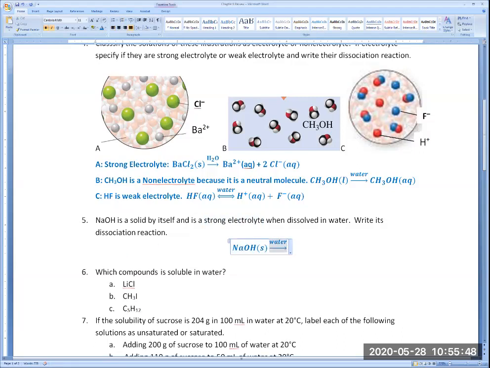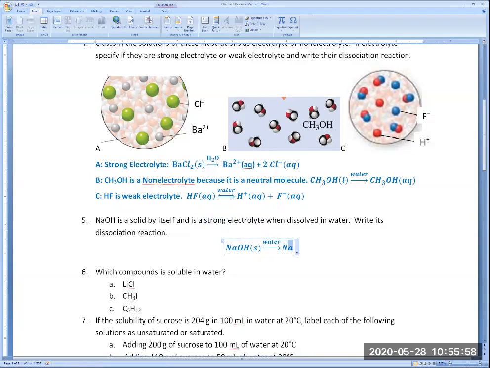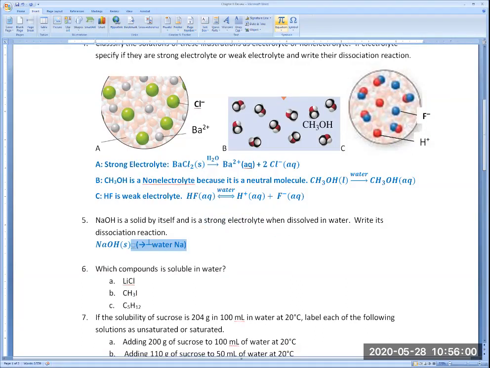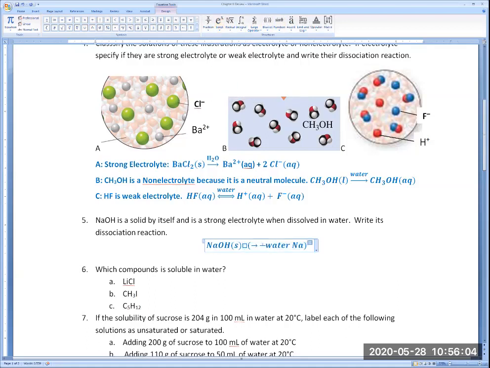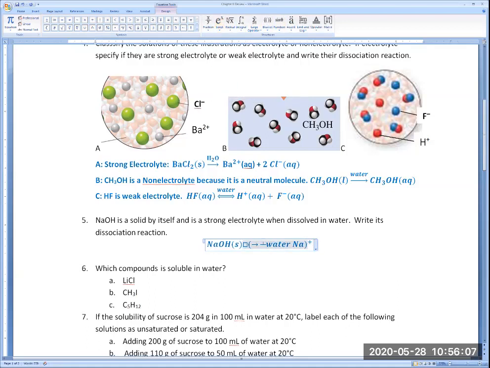So what are the ions when you have the alkali? Sodium, we saw it's in group 1A, so sodium is a plus 1 ion, Na plus. Let me change its phase.